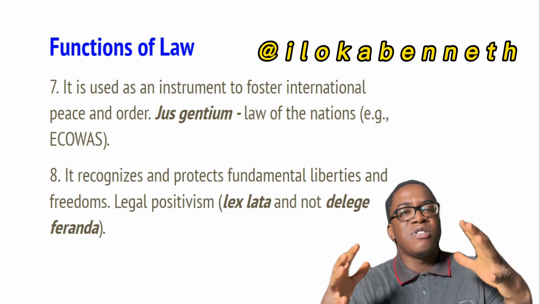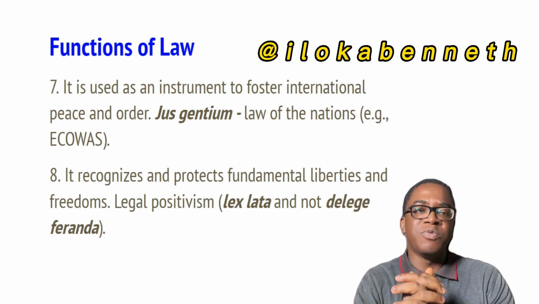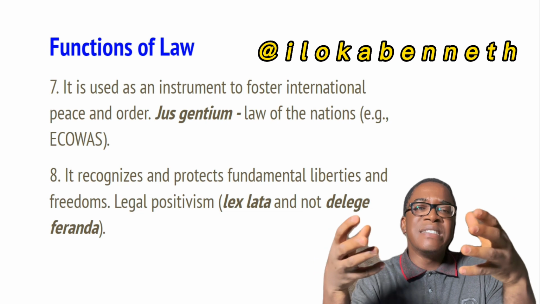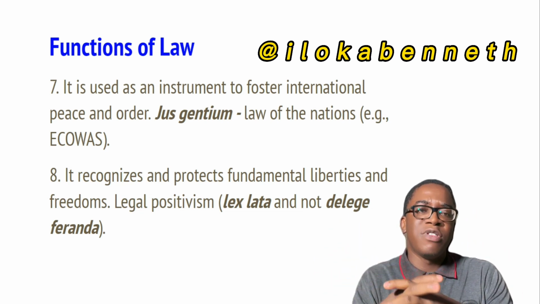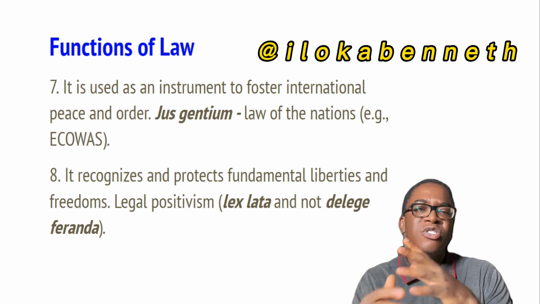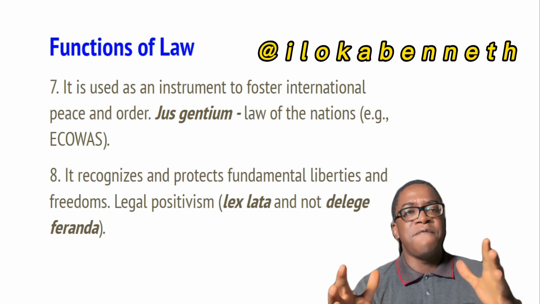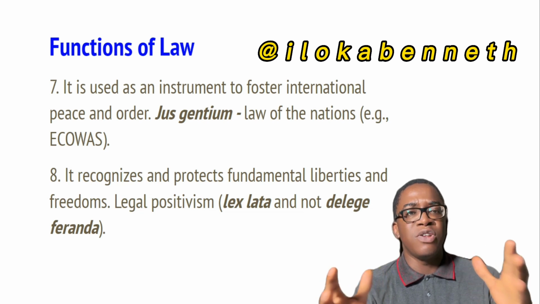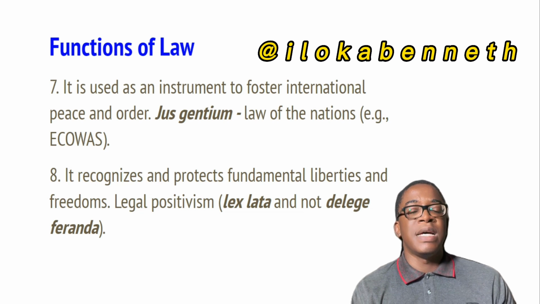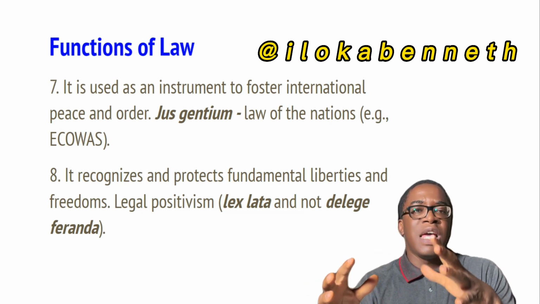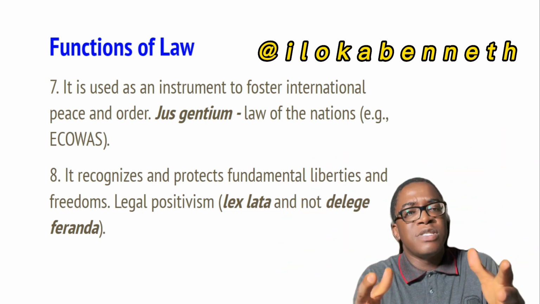So if two countries are involved in war and at the end of the day they decide to settle their disputes, then they have to reach a treaty or an agreement as to what has to be done and what needs not to be done, so that the overall peace and the affinity of the two states will continue. Okay, so that is what we refer to as jus gentium, that the laws of these nations are fused together to form a single law for all the nations that are part of the treaty.